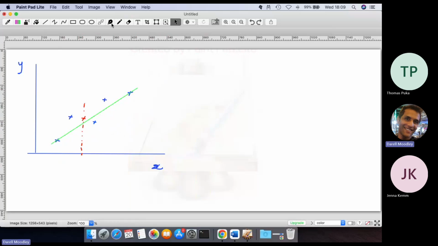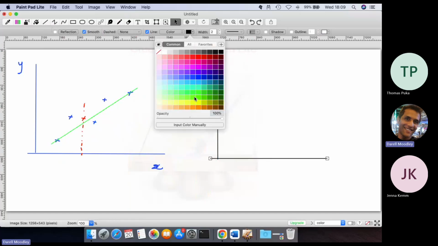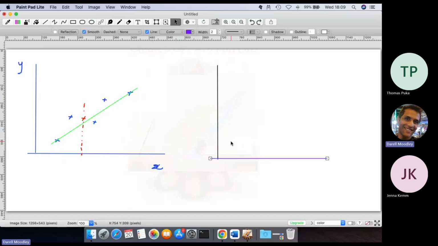Now, how we use this line, and this is going back to maths in high school, for any line, right? Let's say you've got two lines. I'll draw another set of axes here. I have a line in this color, let's say this purple color.